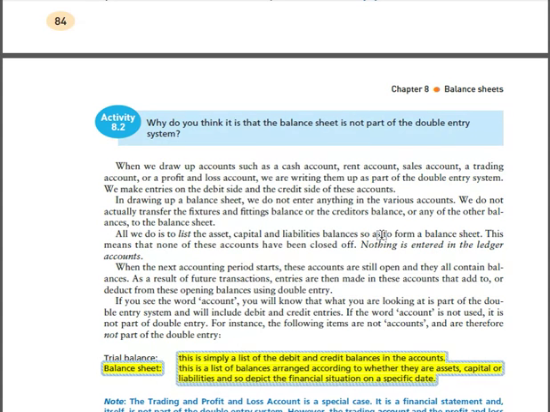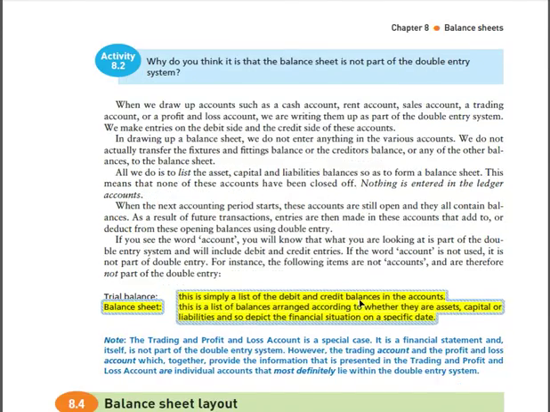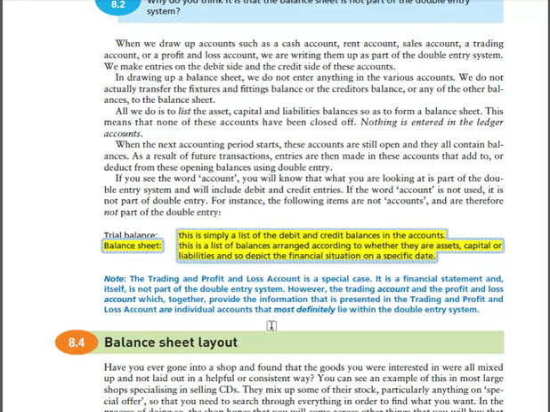So these accounts of assets and liabilities and capital are not being transferred to any separate account. They will remain in their account and carry forward to the next period. That's why when we are preparing the trial balance and balance sheet, we would just list down the balances and we will not be having double entry or any journal entries or T accounts to prepare that.